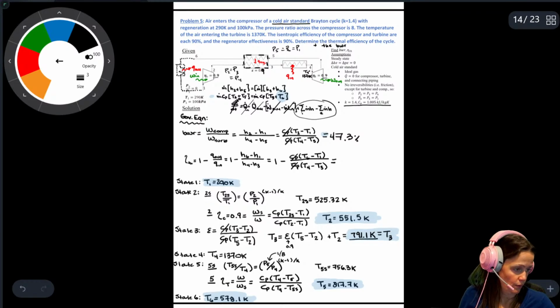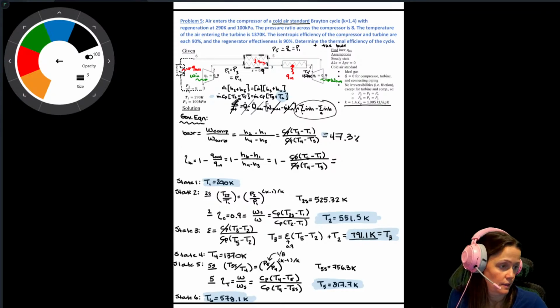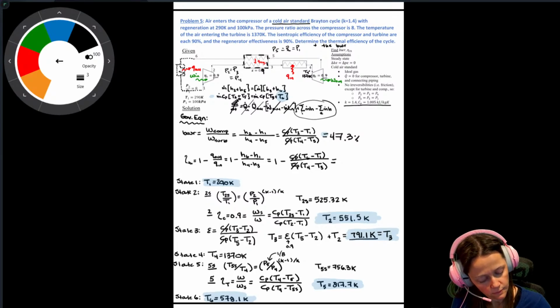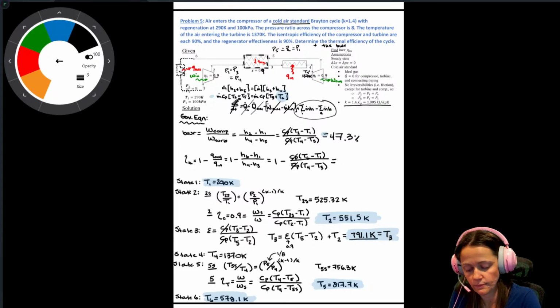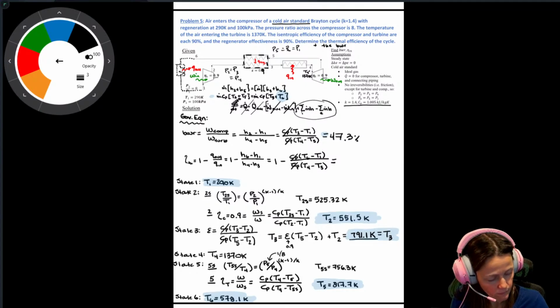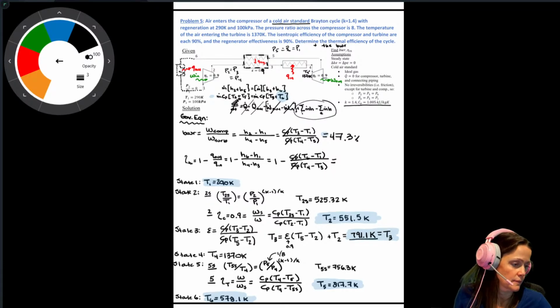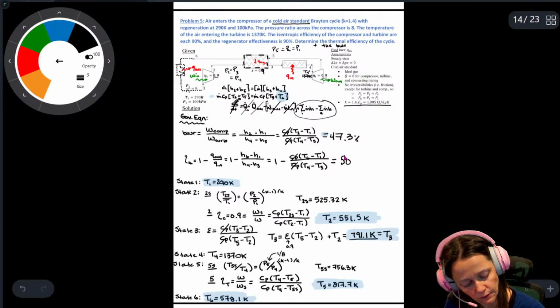And then for the thermal efficiency, let's see, I get 50.2%. So let me know if you get something different.